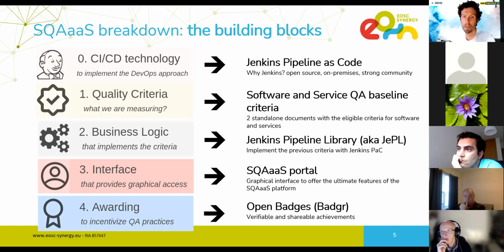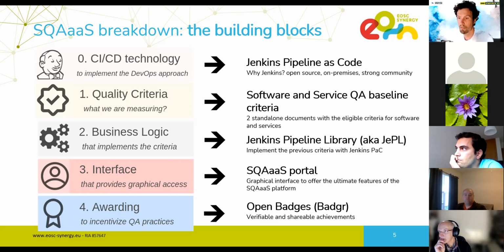Once we have the criteria, we need to implement them, and not only that, but also provide the operational environment in order to perform this test. And for that, we have developed the Jenkins pipeline library, also known as JPL. And then comes the portal.